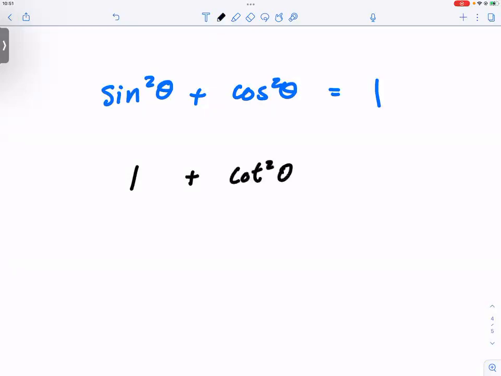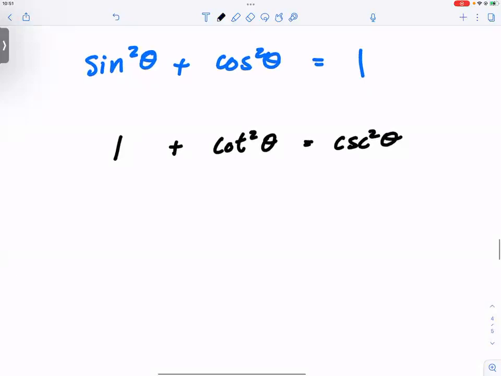This becomes cotangent square theta because cosine square theta divided by sine square theta is cotangent square theta. 1 over sine square theta is cosecant square theta. That's one of the two equations.